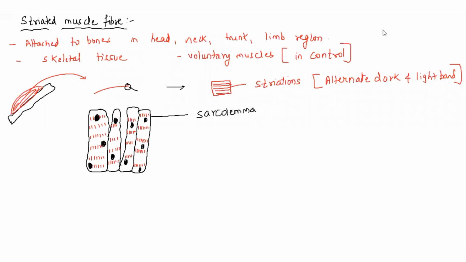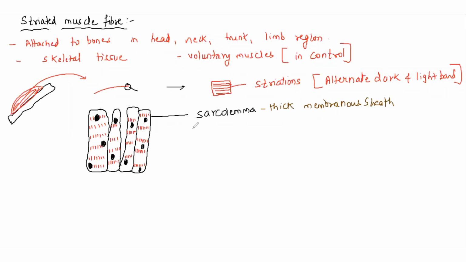If somebody asks what sarcolemma is, I will say it is a thick membranous sheath, the outermost layer of the striated muscular tissue.